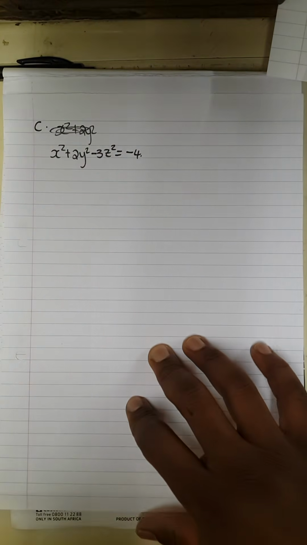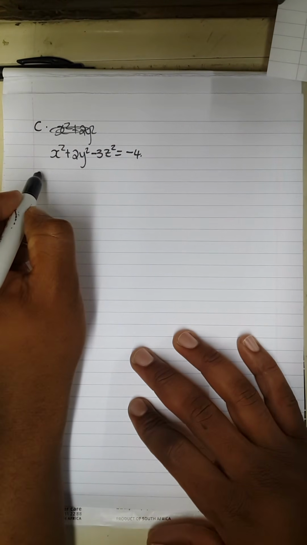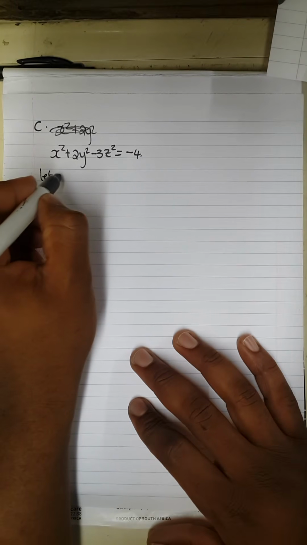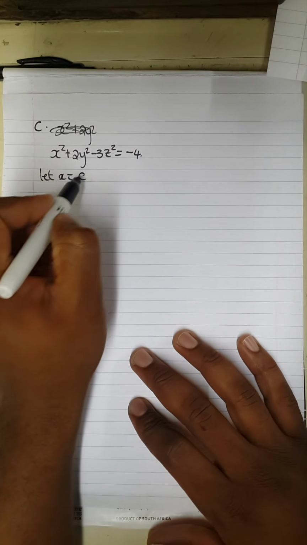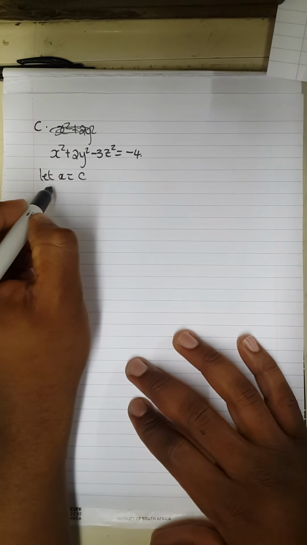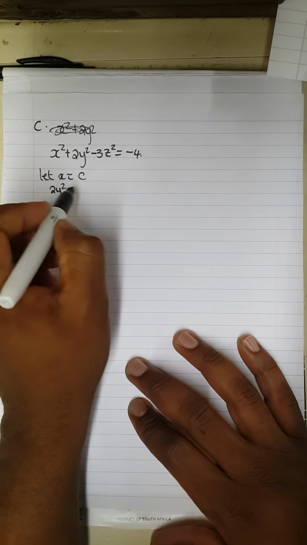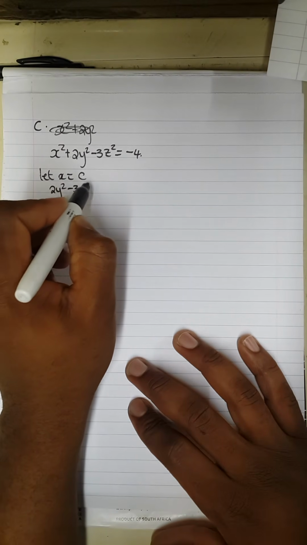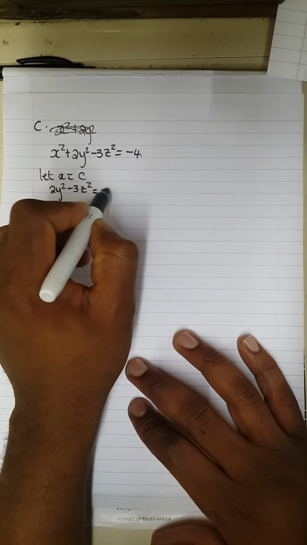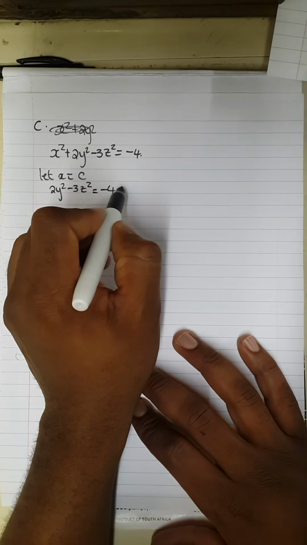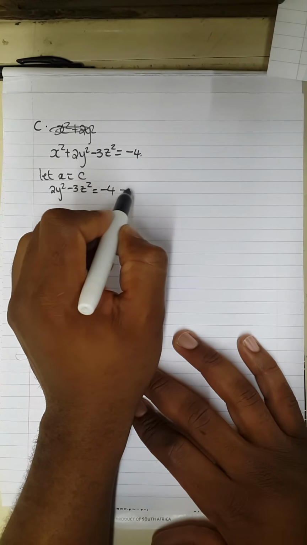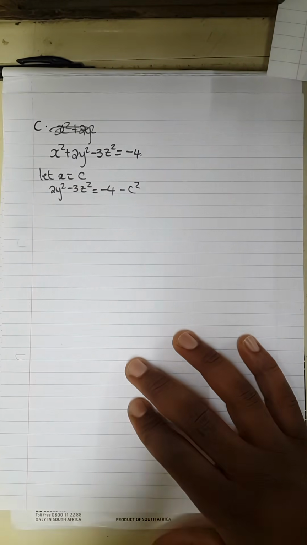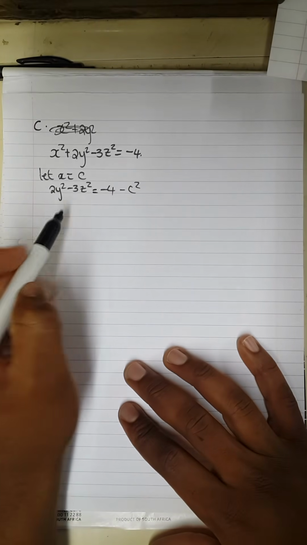We're going to do the same thing. Let x be equal to c, and when we do that, we have 2y squared minus 3z squared is equal to minus 4 minus c squared.